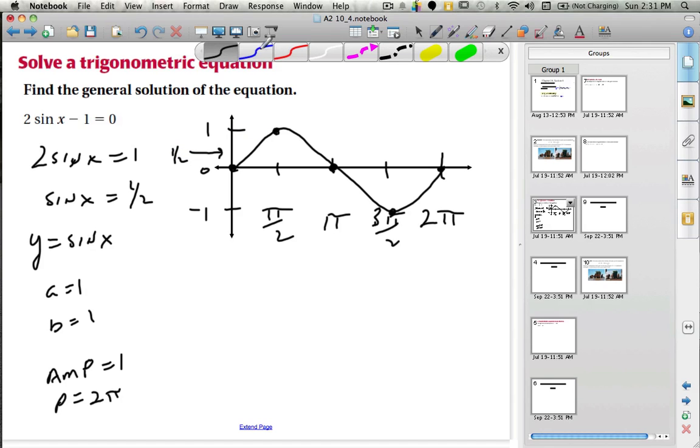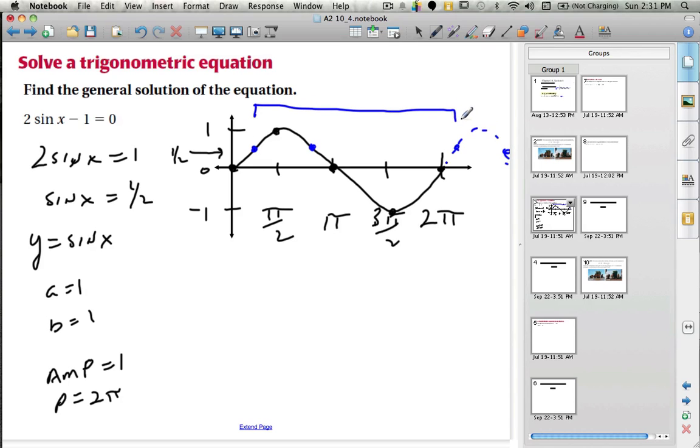I would have solutions here and here. And as my graph continues on into the future, I'll also have a solution here and here. How far apart are these?